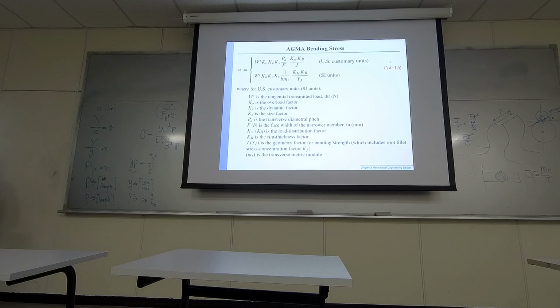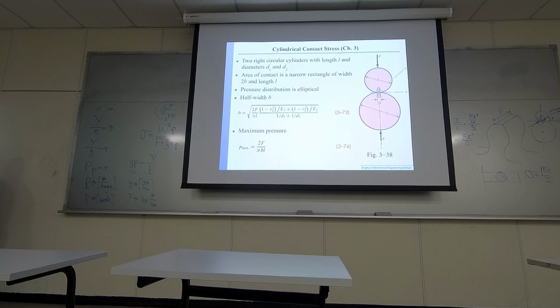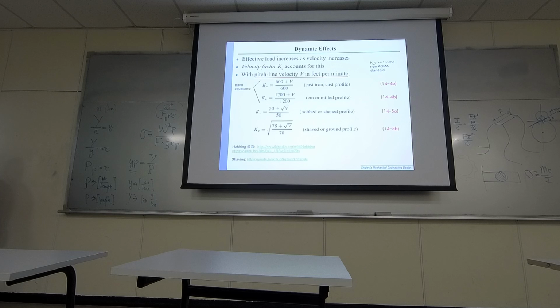Okay, so let's take a look at how each correction factor can be determined. I think KV was introduced at the beginning. So over here, we find different forms of equations based on different ways of production.